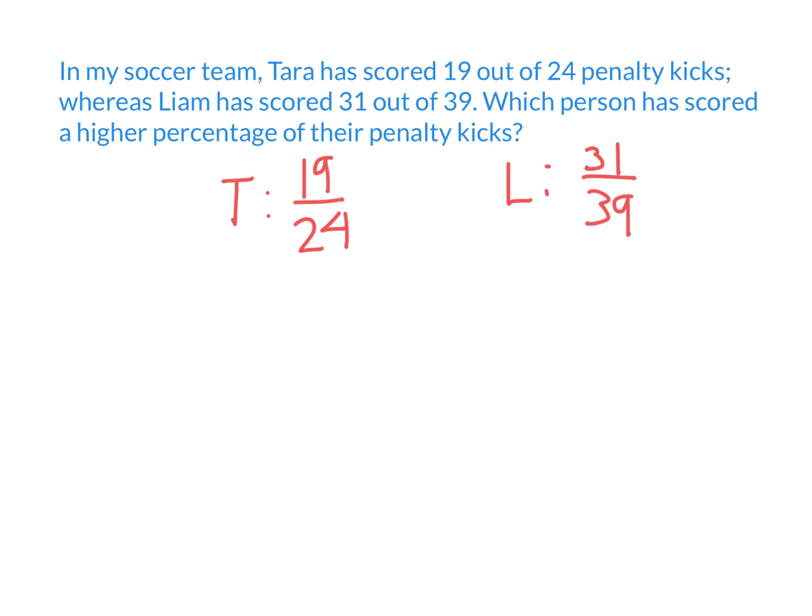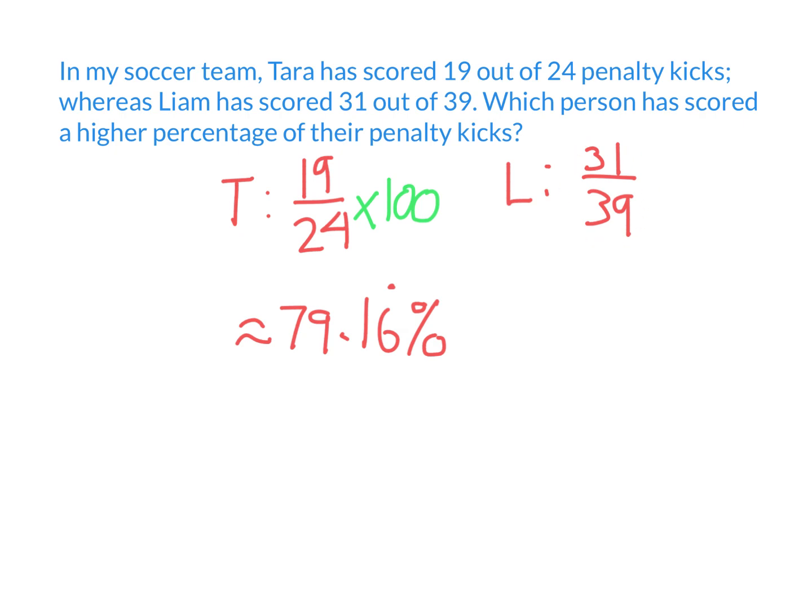So for Tara, it would be 19 over 24 times 100. If we put this on our calculator, we get 79.16 recurring. So she's converted about 79.17% of her penalty kicks. So for Liam, we can do the same. We want to convert this to a percentage.